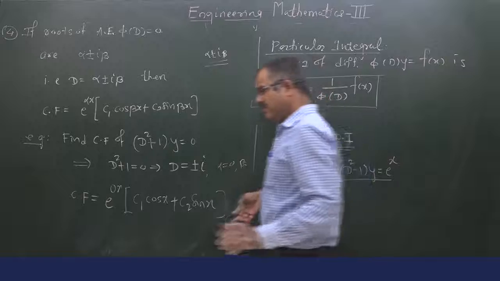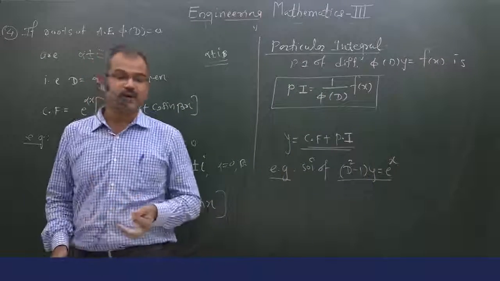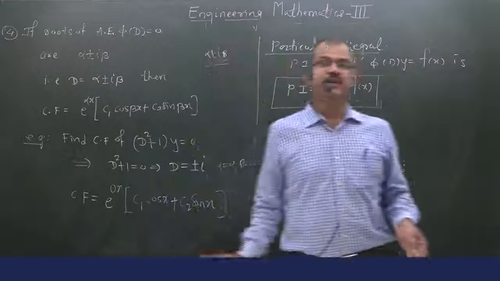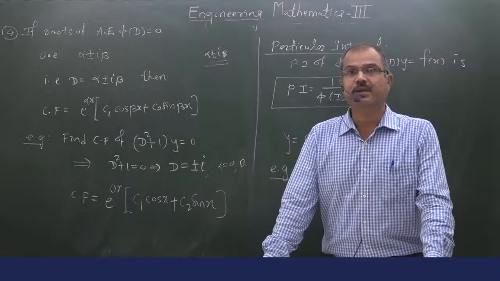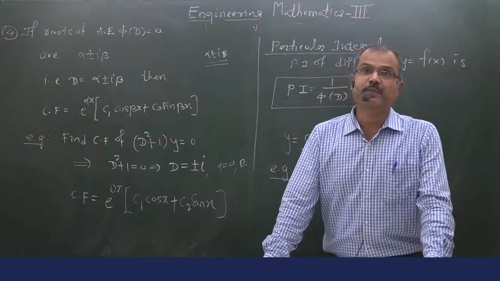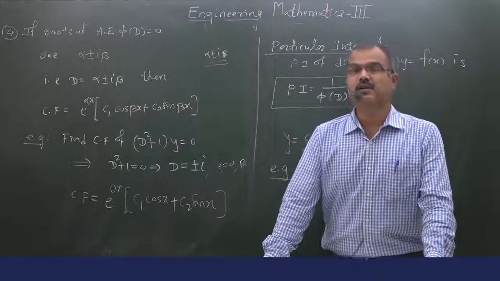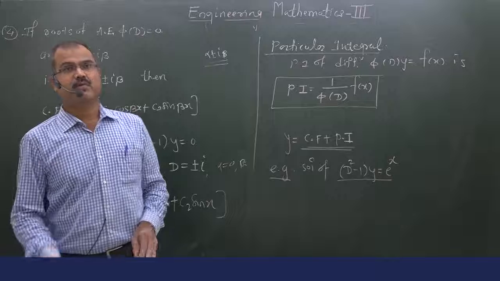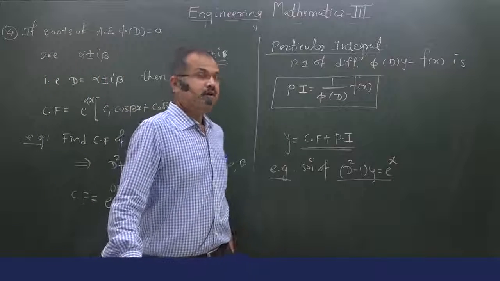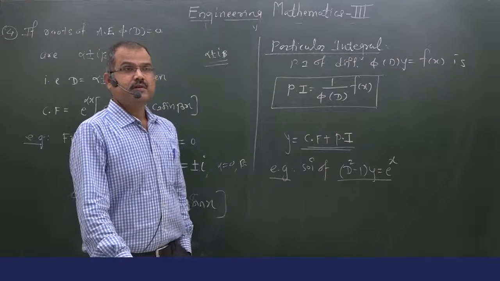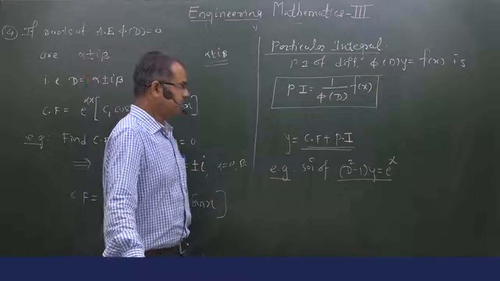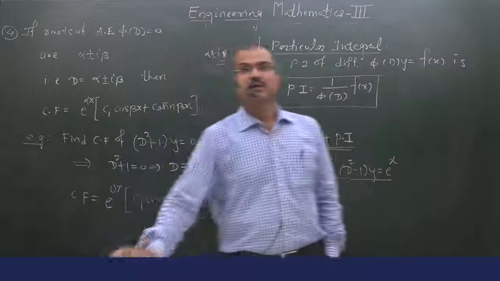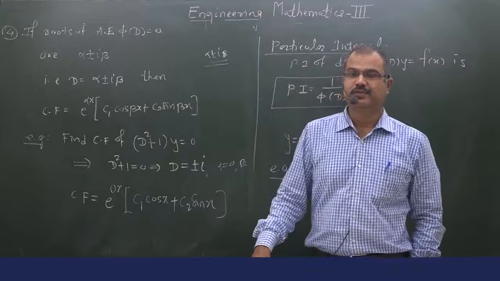There are some methods to calculate the particular integral of some standard or special functions. There are three different types of method. First is the shortcut method, which is applicable for special functions like exponential, trigonometric, hyperbolic functions, or polynomials. The second method is variation of parameters, and the third is the general method.